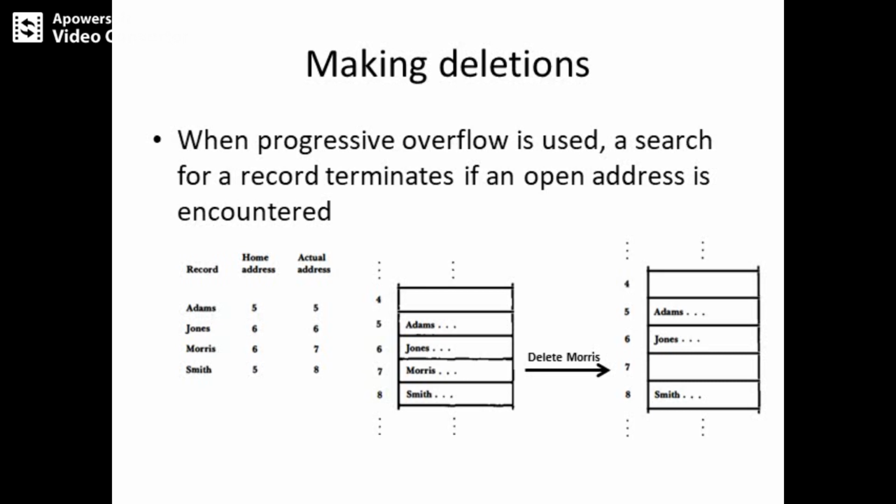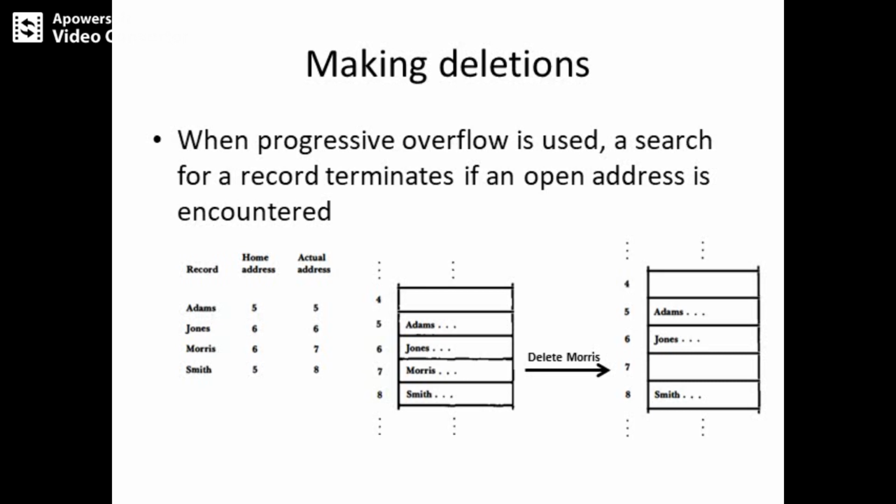And when you do a progressive overflow method, when you get an open address, that is an empty slot, your search will wind up, right? Your search will wind up whenever you get an open space.